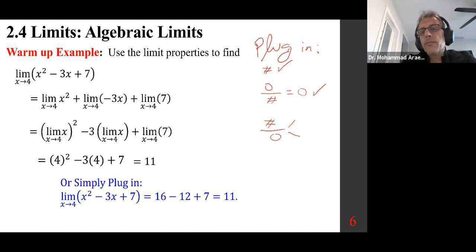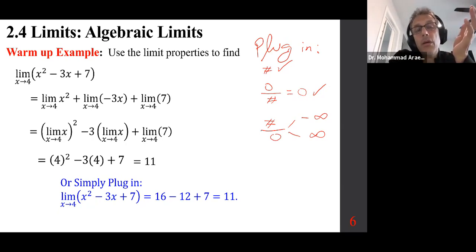However, you need to figure out if it's positive or negative infinity, and we have seen that before. The methodology was basically literally you plug in a number nearby and you observe whether it becomes 0 from the left or right, because 0 is the only number, class, that from the left and right has different signs. Any other number, if it's a positive number, both sides are positive. If it's a negative number, both sides are negative.